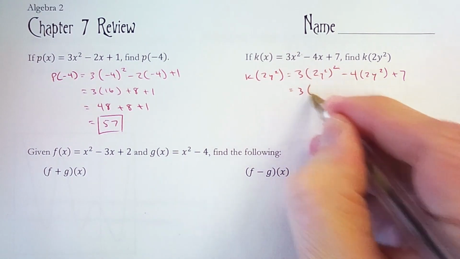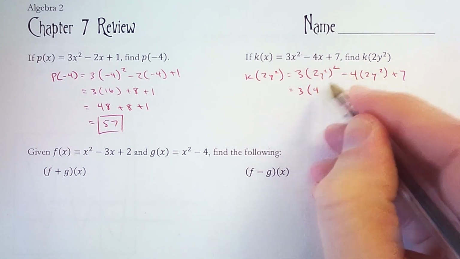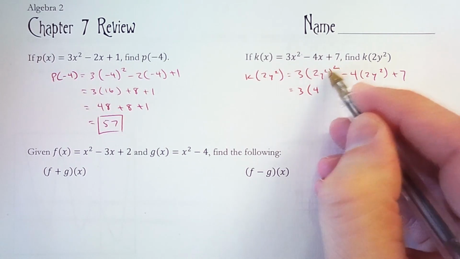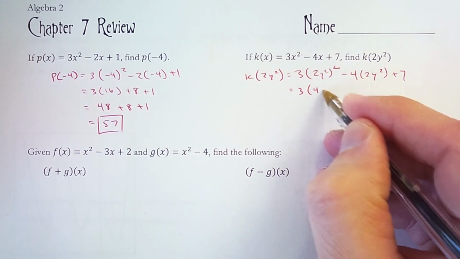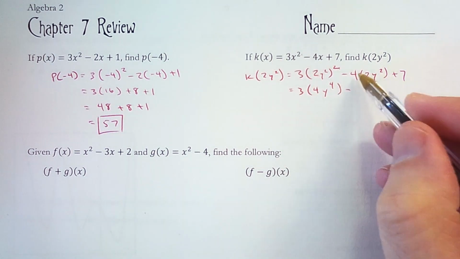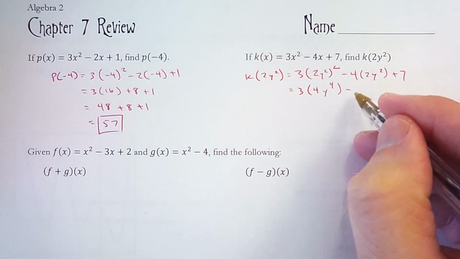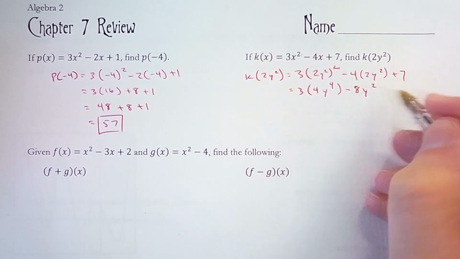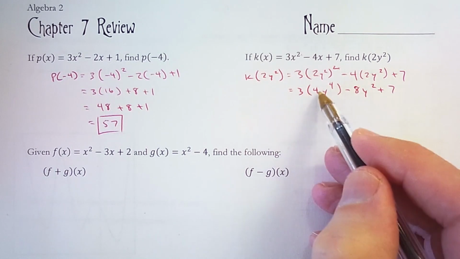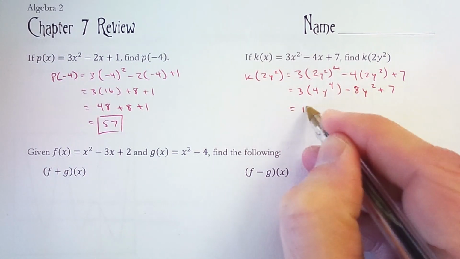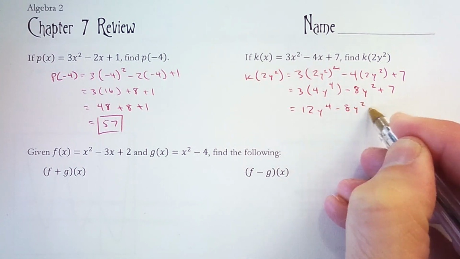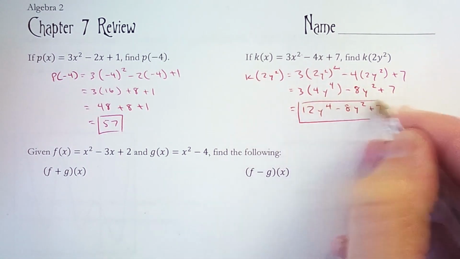So we've got 3 times 2 squared is 4, and then y squared to the second power. When we raise a power to a power, we multiply. So we get y to the 4th. And then we can multiply -4 times 2y squared. That's -8y squared plus 7. 3 times 4y to the 4th is 12y to the 4th. Then we have -8y squared plus 7.